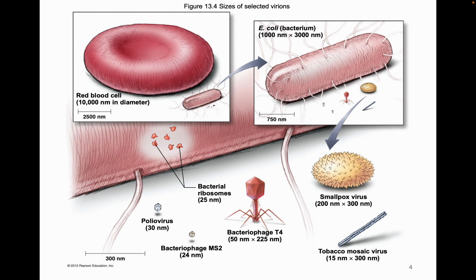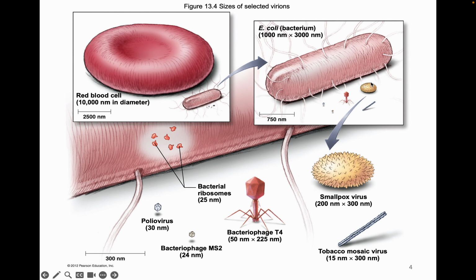All right, so here are some relative size comparisons of selected virions. Here's a mammalian red blood cell. They're about 10,000 nanometers in diameter. Here's an E. coli bacteria. E. coli is about 1,000 by 3,000 nanometers.